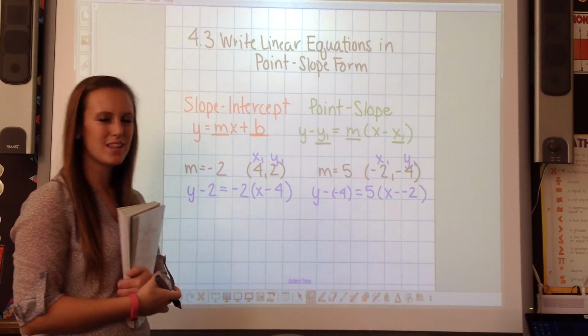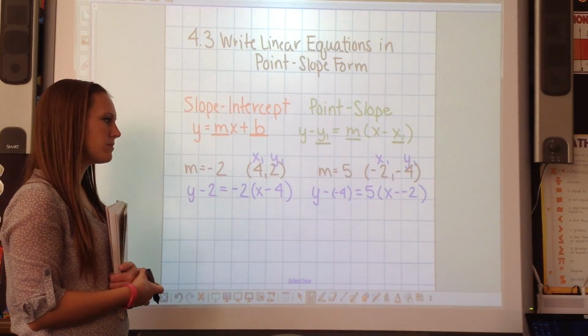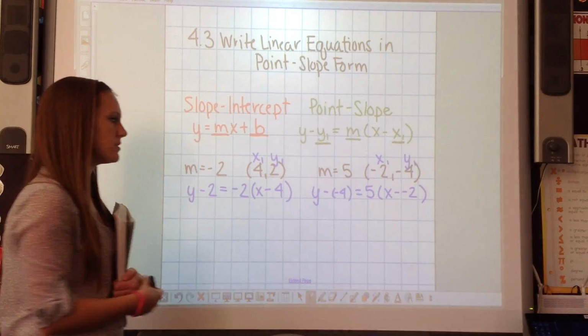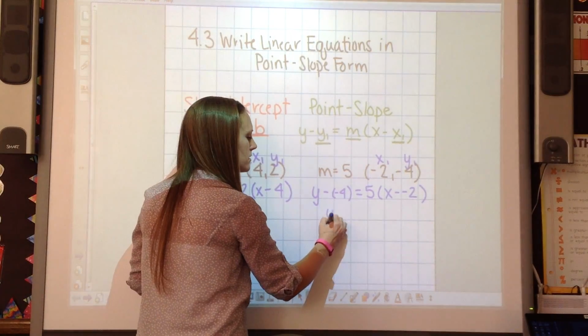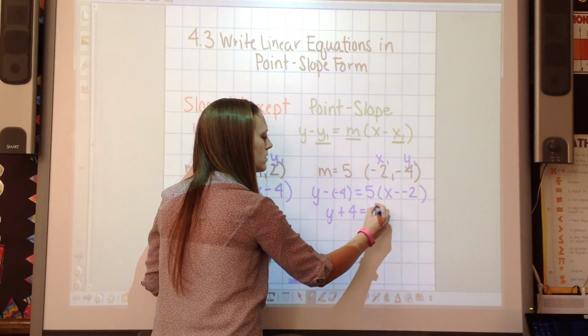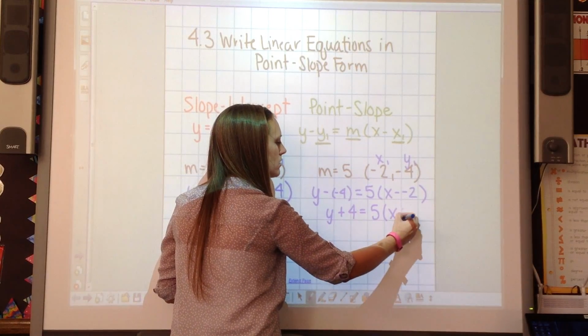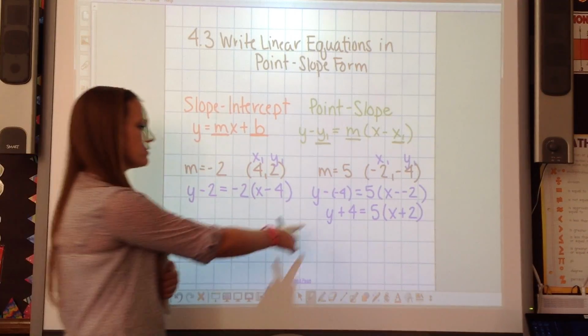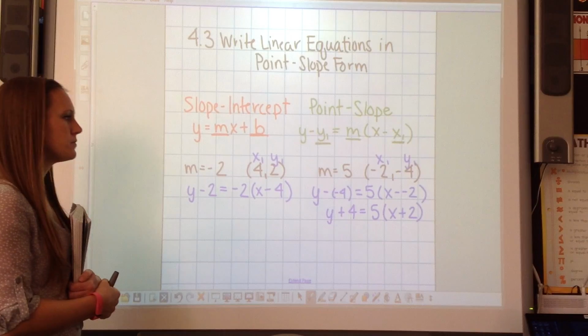This time I cannot leave it like this. I have to do a little simplifying. I cannot have double negatives. I'm going to turn them into positives. Two negatives make a positive. And the same goes over here. So this time my equation looks like this, and I can stop right there.